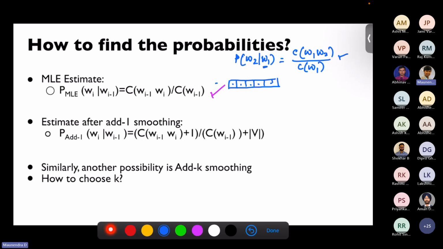Now suppose there are n words in the collection.